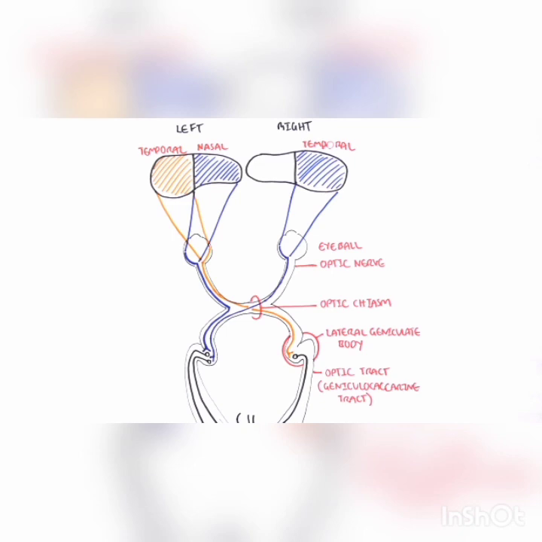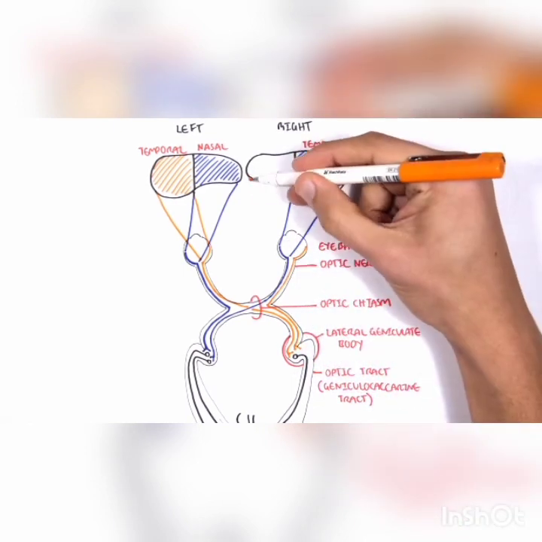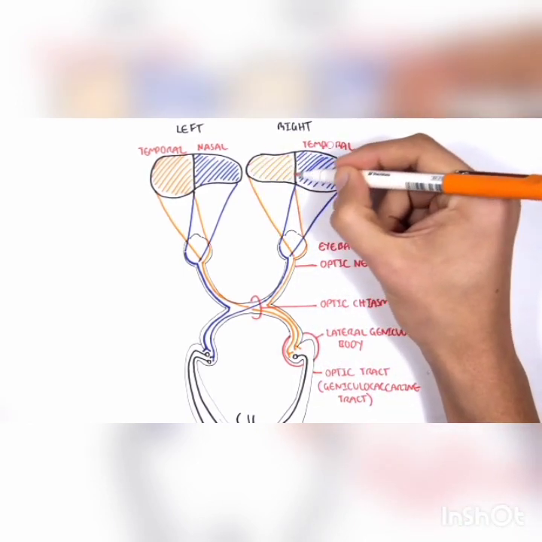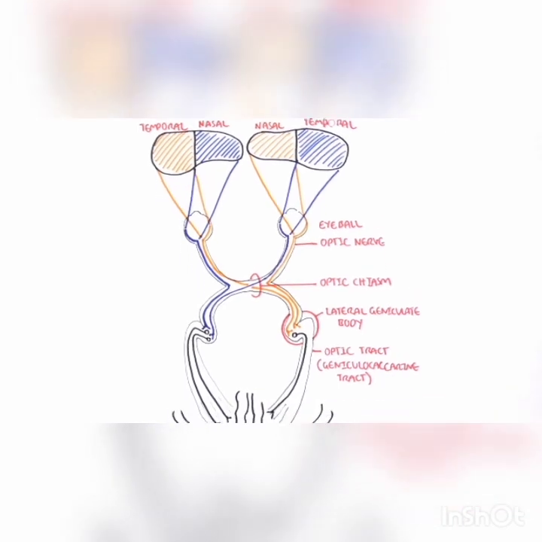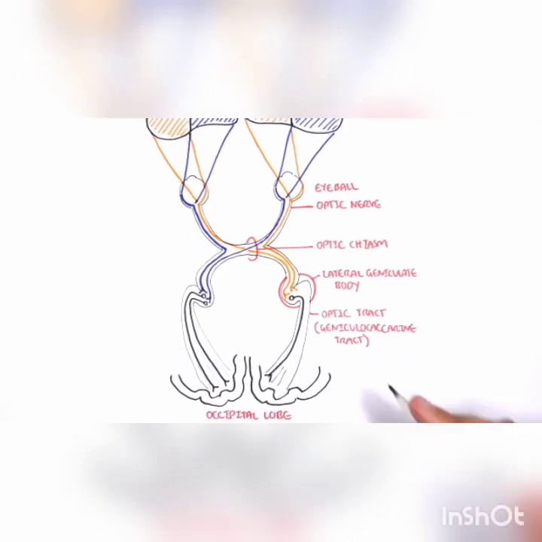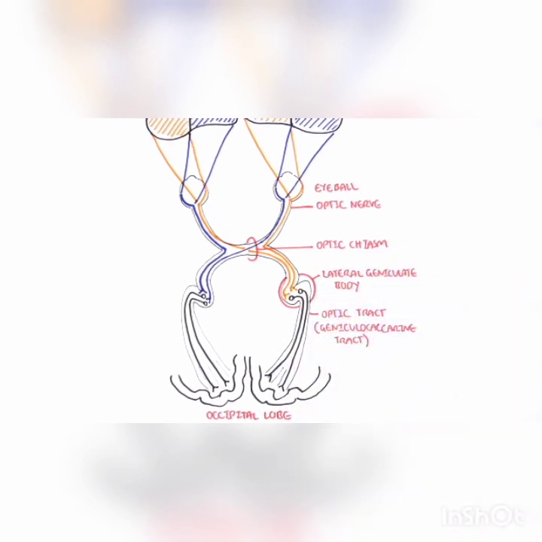Now, similarly, the orange optic nerve of the right eye will capture the image from the right nasal visual field. It will not cross over, but will remain. It will relay this information down to the lateral geniculate body, and then it will synapse with other nerves along the optic tract and then down to the occipital lobe.